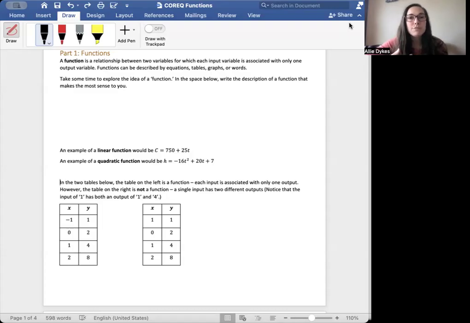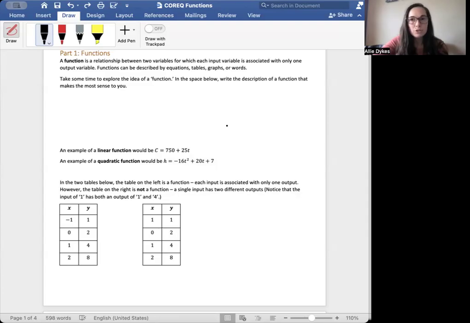Okay, so very formally, a function is this relationship between two or more variables, but we're going to stick with two for our course, and for which each input variable is associated with one and only one output variable. I am going to jump down to our equation and our tables.